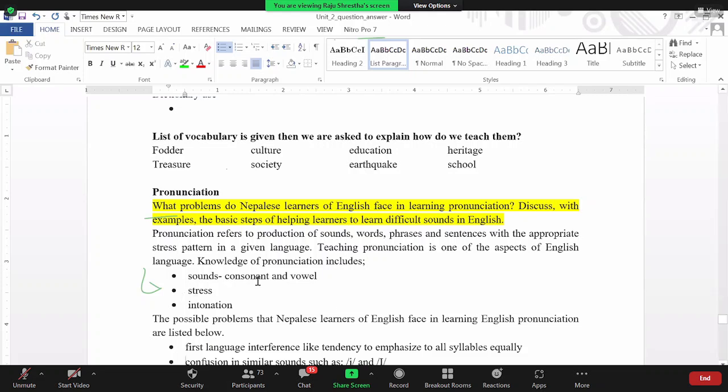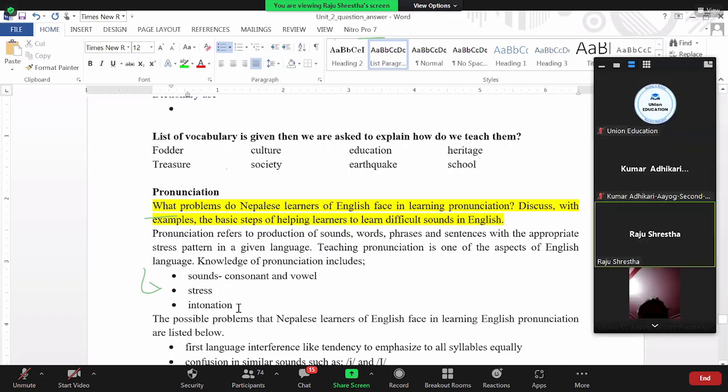So because of this kind of difference in the quality of languages between English and Nepali, we learners of English face difficulty, and the possible problems that Nepalese learners of English face in learning pronunciation are listed below.